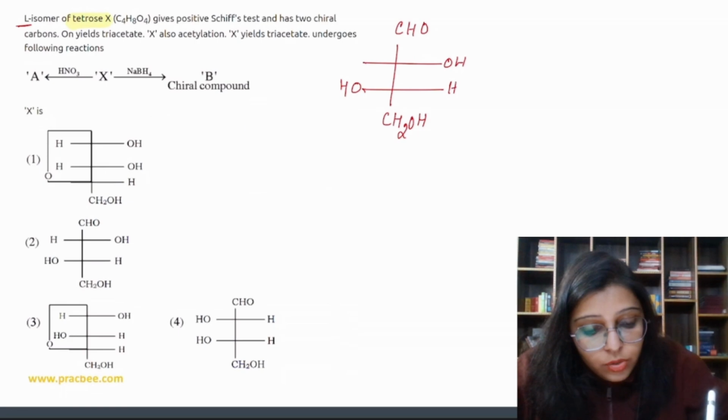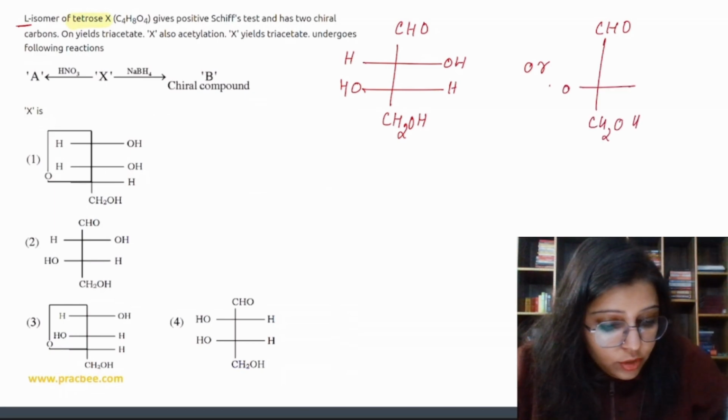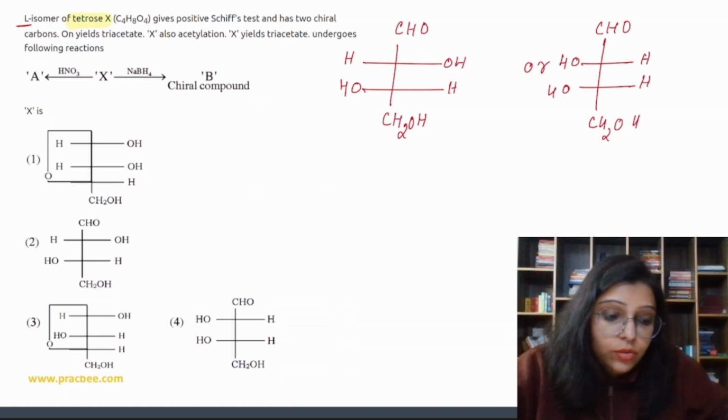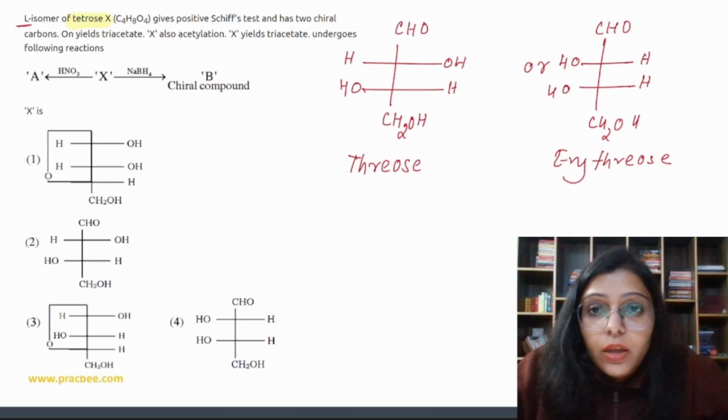Either OH is going to be on the right hand side, or we can have CH2OH with OH over here. So this is erythrose, and this is the threose form. Those are the two forms of the tetrose.